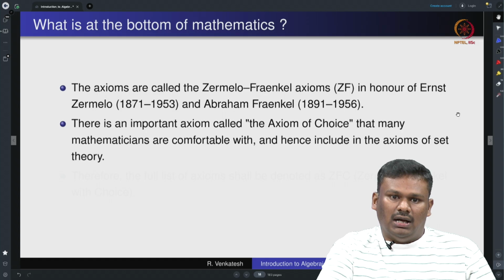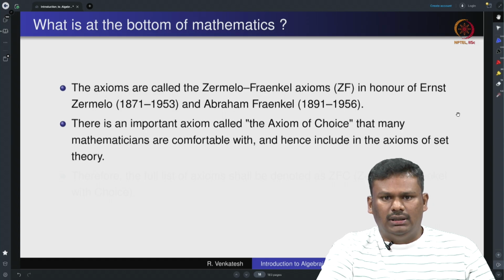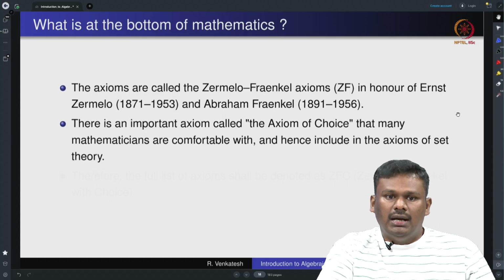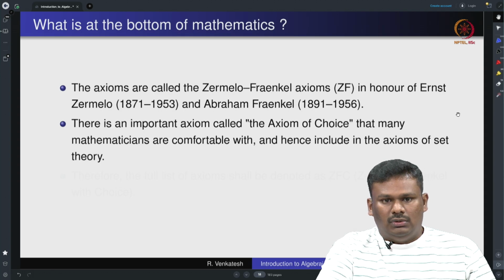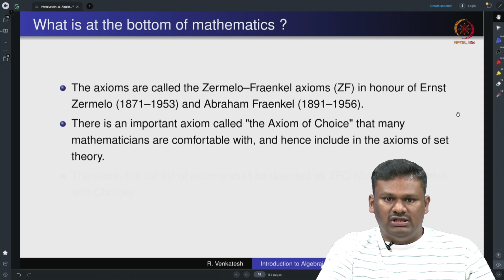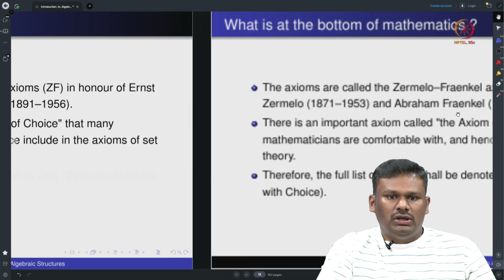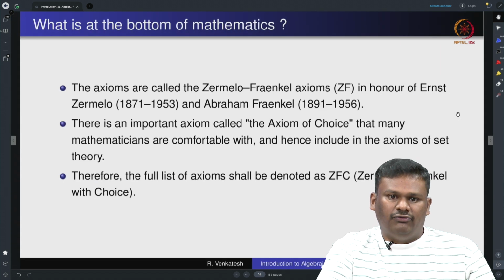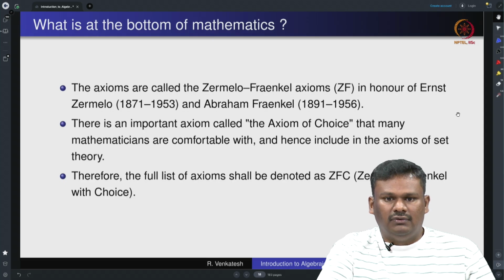And there is another important axiom called the axiom of choice that many mathematicians are comfortable using, and hence one wants to include that axiom in set theory. Including that axiom, the full list of axioms is denoted ZFC, Zermelo-Fraenkel with choice.